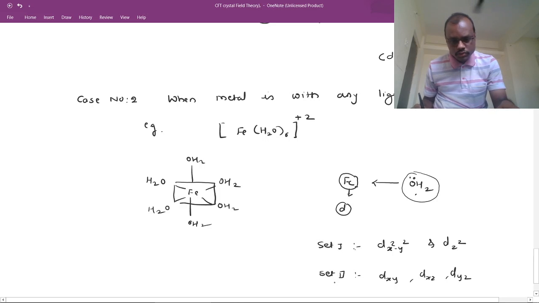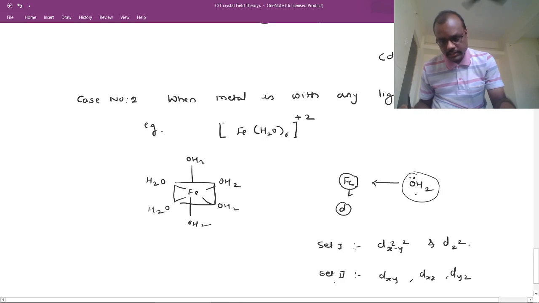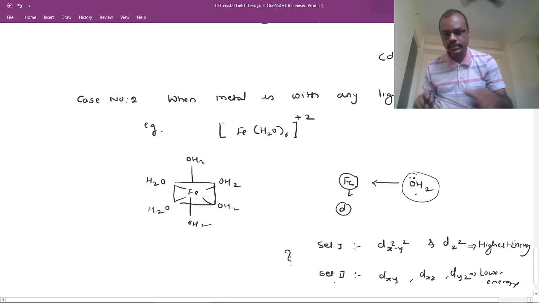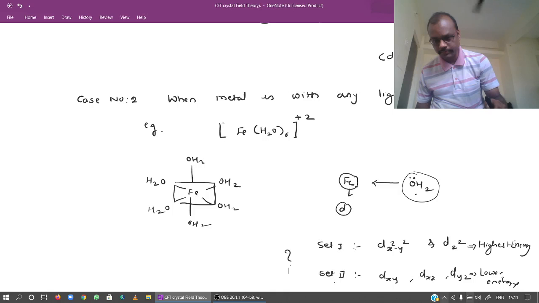Out of these two sets, the first has the highest energy, and the second set occupies the lower energy. Now why this is happening is a very important thing.